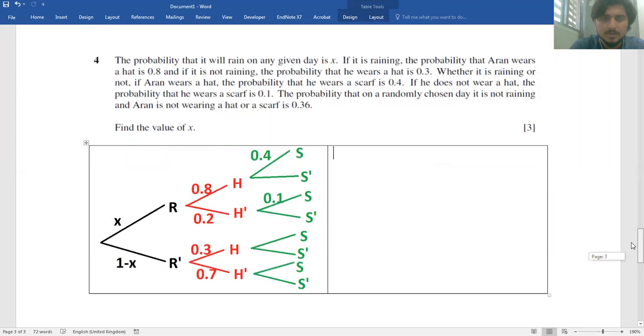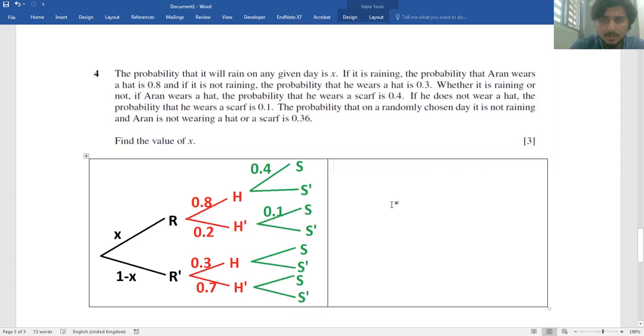Okay, class. Now the question says that it is not raining, so no rain and not wearing a hat. You could have also done all of this without the tree. And no scarf. This probability is 0.36.